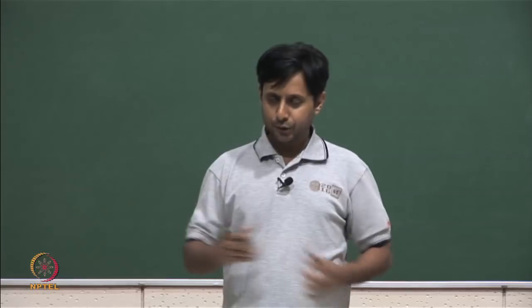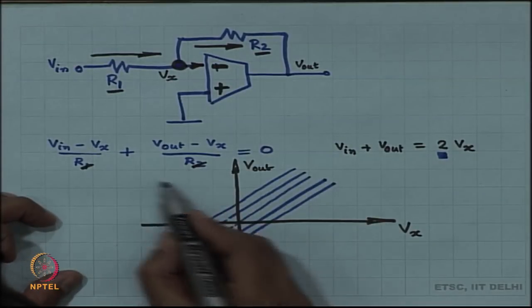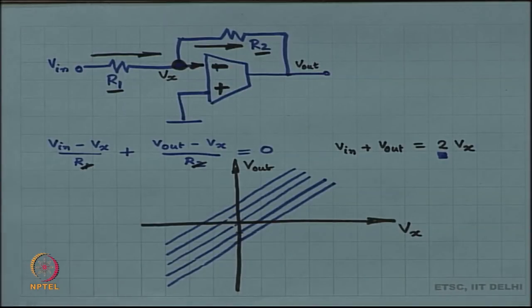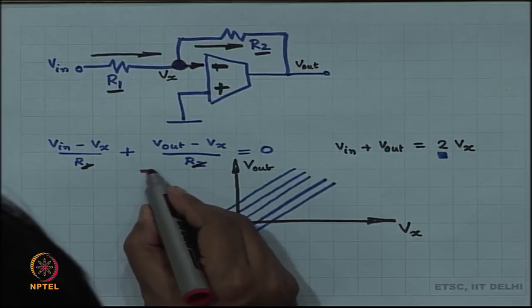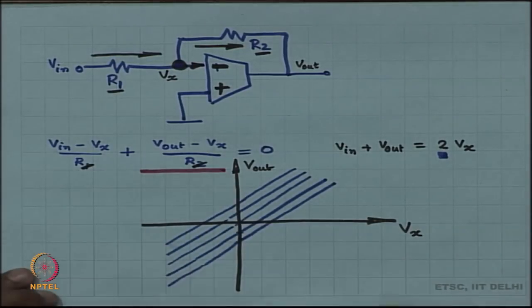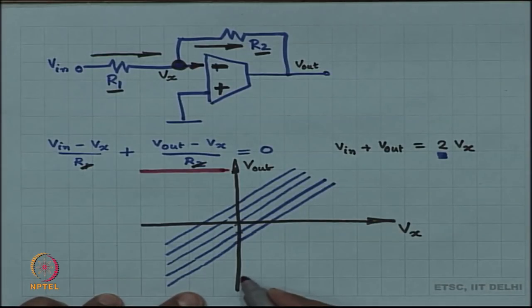So, let me draw it for you. The drawing is going to look somewhat like this, and let us choose a different color to make it clear that what I am drawing is the characteristics of the device.